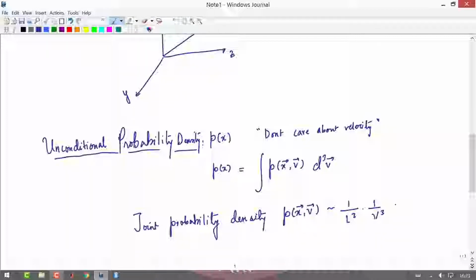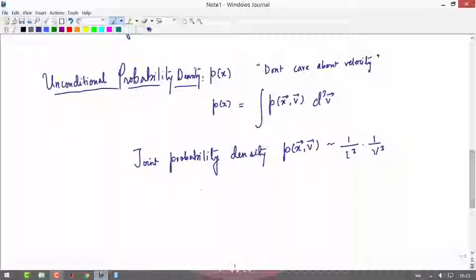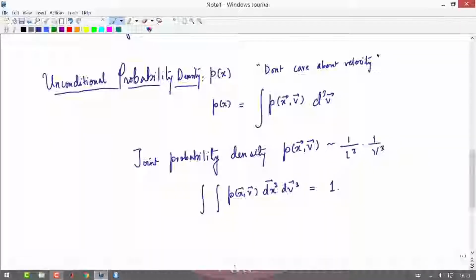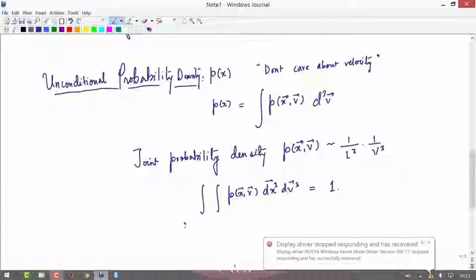Okay, because if you integrate the joint probability density over the entire phase space, what you get is basically the normalization, which is 1. Here the range of the integration is your minimum velocity to maximum velocity and the bounds of the volume of the box.